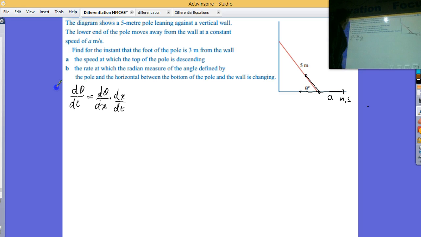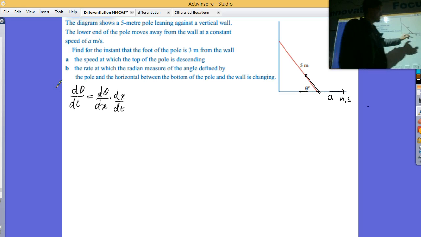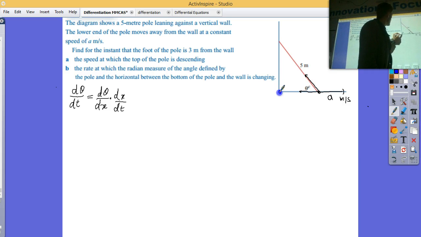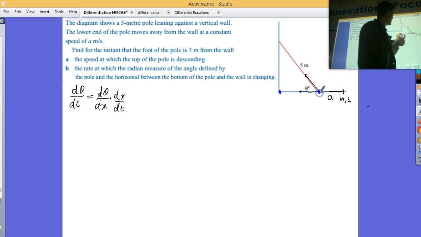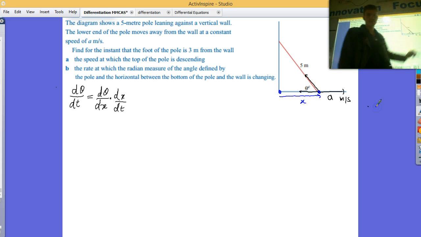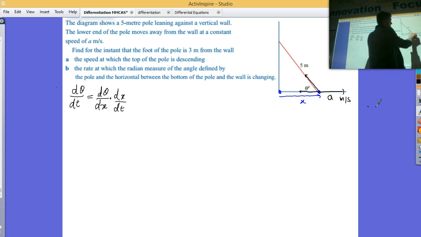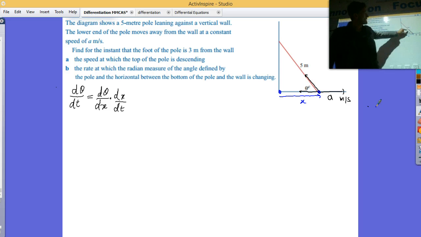Now that depends on the distance at which the base of the ladder is away from the wall, which is defined as x from the previous video. As this moves out at that speed, x increases and gets bigger and bigger, and then the angle will decrease.